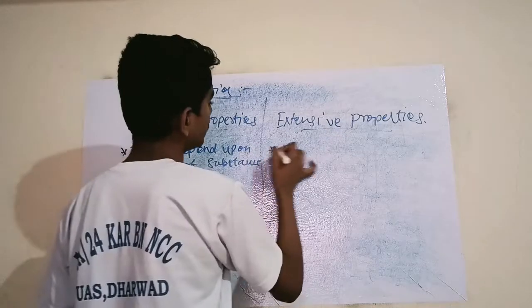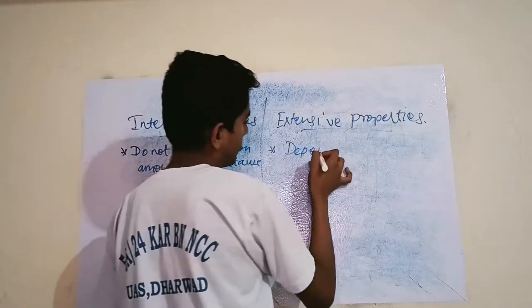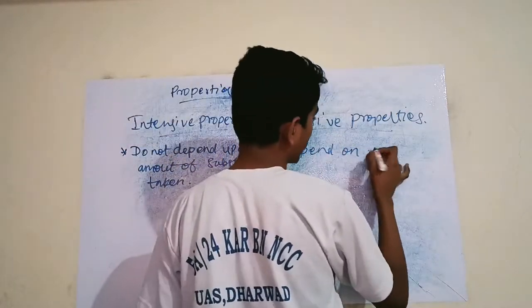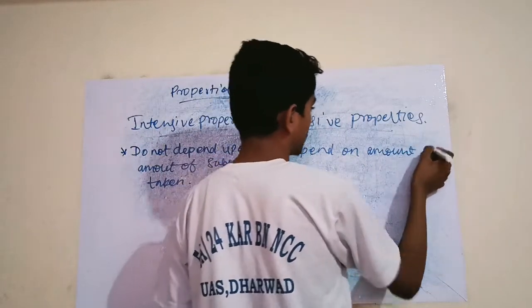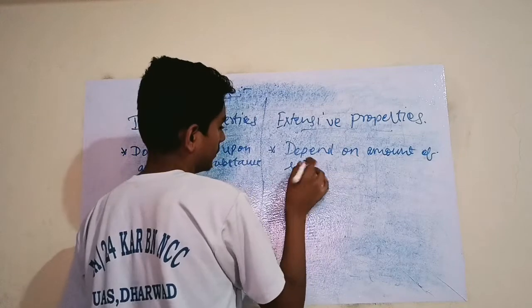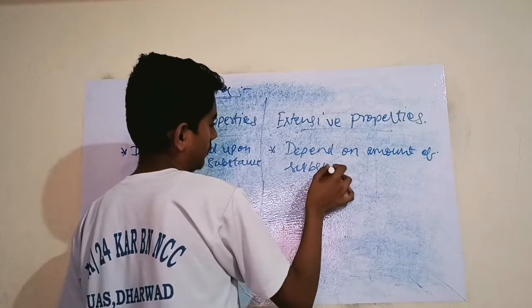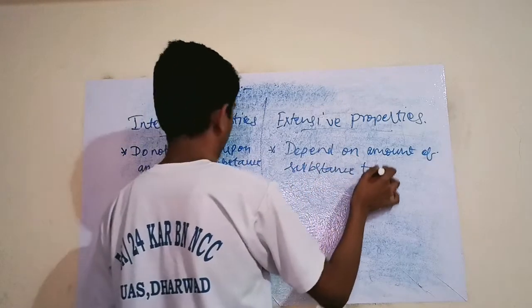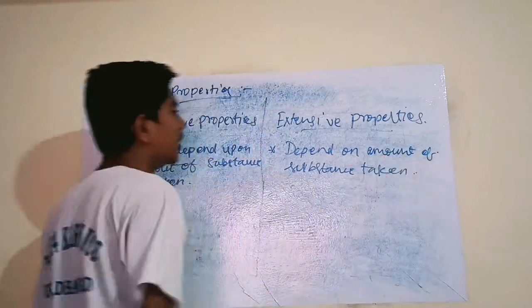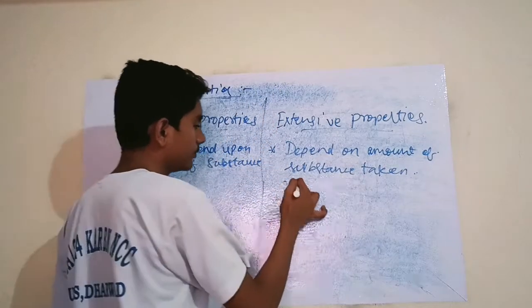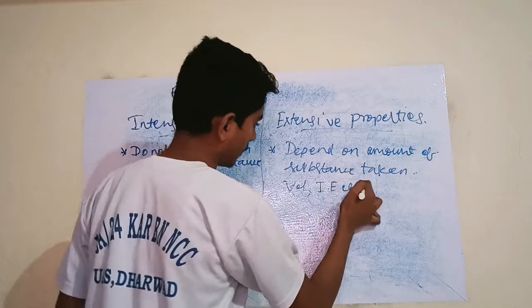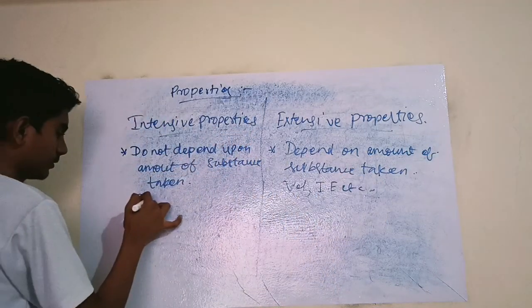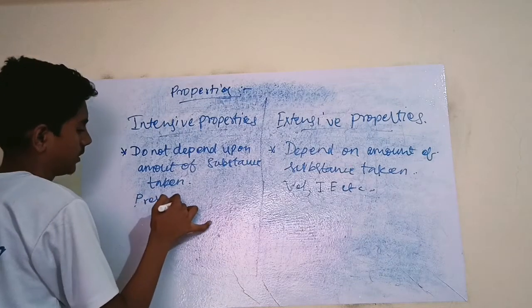Okay, these depend on amount of substance taken in the system. Okay, these examples are volume, then internal energy, etc. Here pressure, temperature, etc.